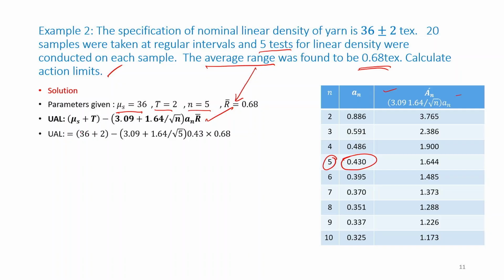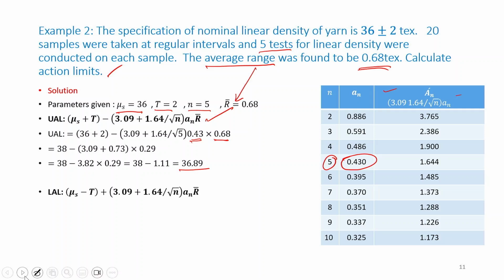So in this formula we write 36 plus 2 minus 3.09, 1.64 by root over 5, 0.43, and the average range R bar is 0.68. All the variables in the equation are given here, the values are stated. Now it is a simple calculation. You go step by step and you arrive at the figure 36.89 for the upper action limit.